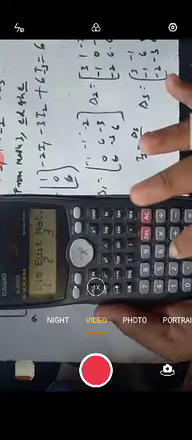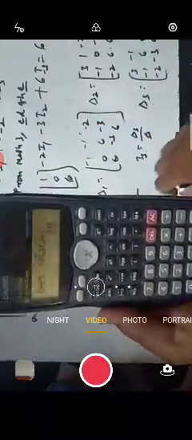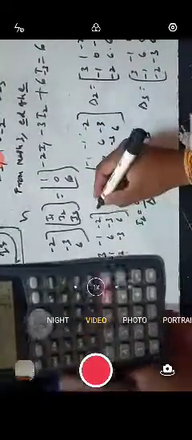Press shift 4, determinant, open bracket, shift 4, 3, press shift 3, the matrix I have stored in matrix A. See, 39. 39 is the delta value I have entered.